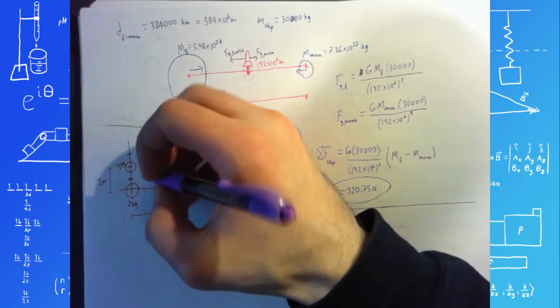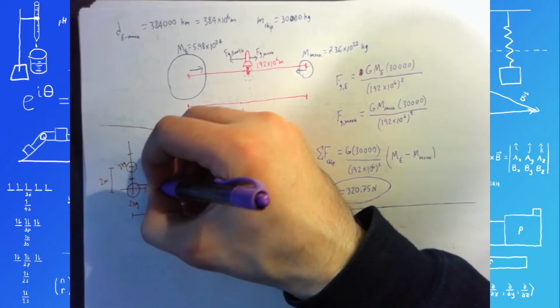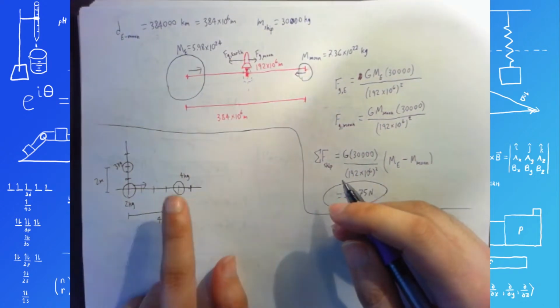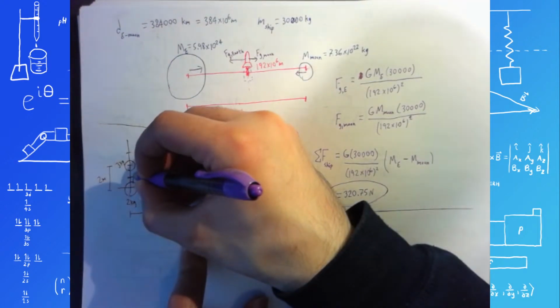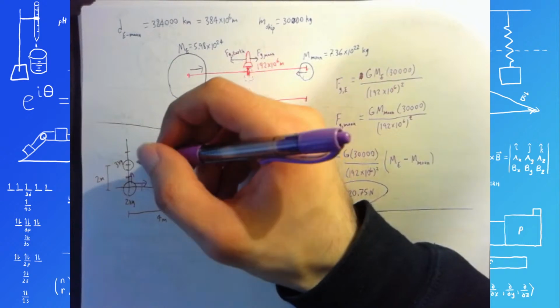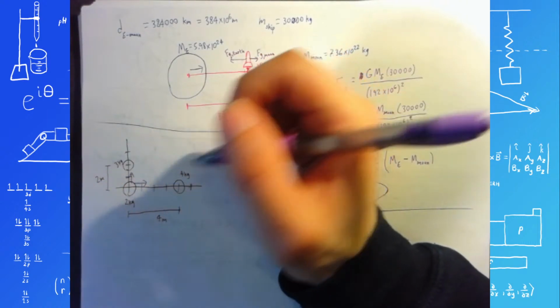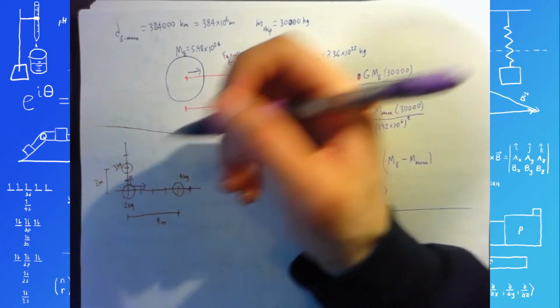So we're going to have a force of gravity this way due to this object, and then another force of gravity this way due to that object. And I think this one might actually be the larger of the 2.